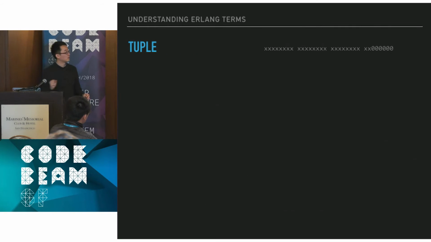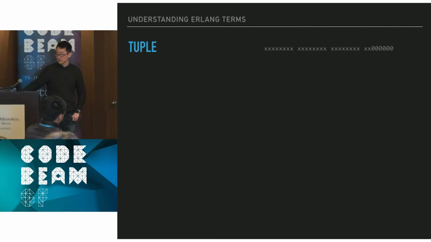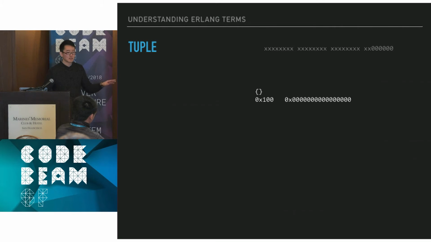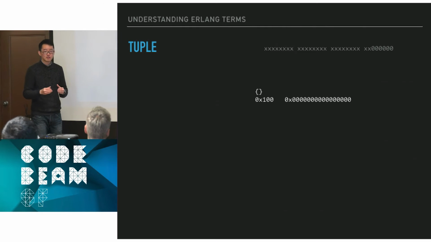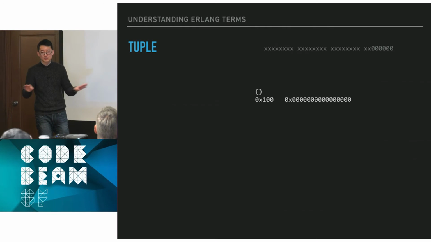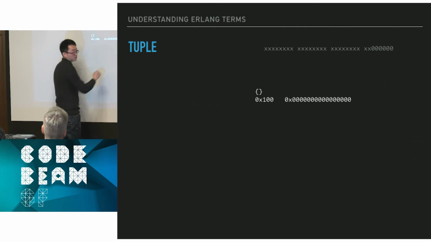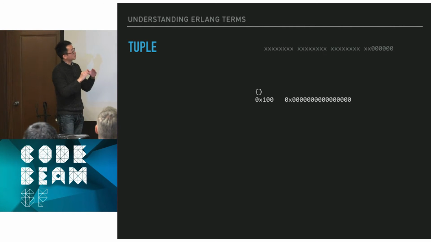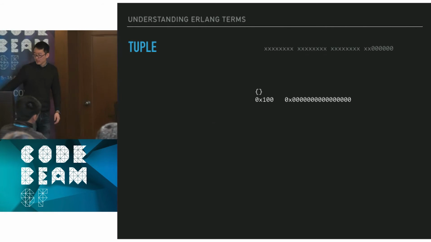For the tuple, we have 2 zeros for the header, and then 4 zeros for the tuple type, and this is an empty tuple. The internal representation of the empty tuple is just all zeros in memory, because the zeros first say what the type is, and then tell you how many more words I need to look at. In this case, there are no more, so that's 0.